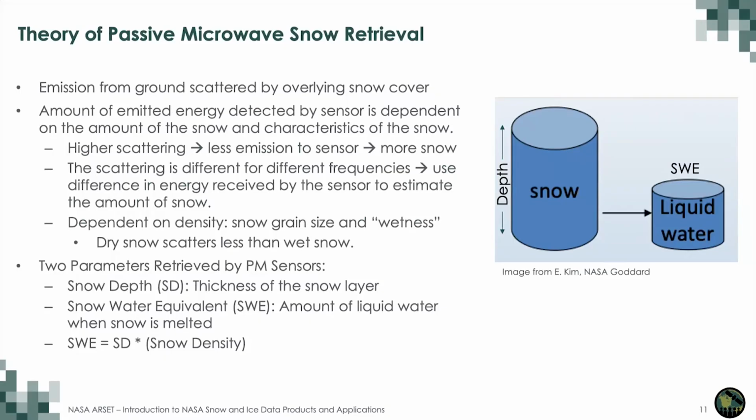So it gets into the density of the snow cover and the wetness of the snow cover. And in reality, the SWE, as we call it, snow water equivalent, is simply the snow depth times the snow density. So it's just a scale between those, dependent on the snow density. And so those are two parameters that can be retrieved by passive microwave. And you can convert between those, the snow depth and the SWE, if you know the snow density.